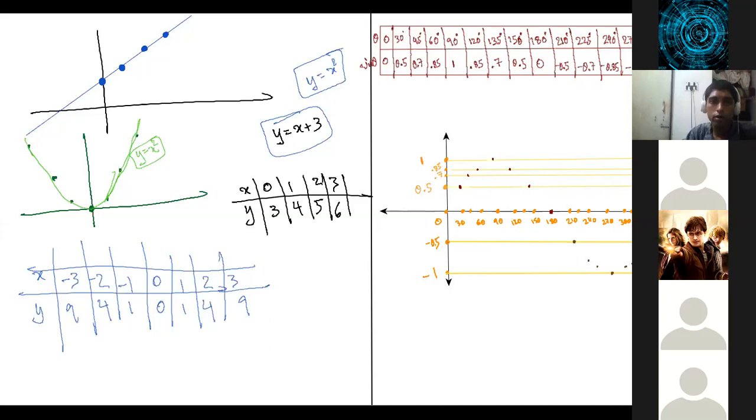So I hope you're able to see what is coming, something very, very beautiful. Now if I join all these points, this is going to look something like this.